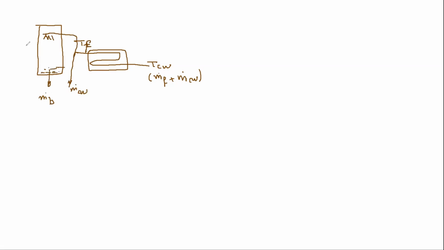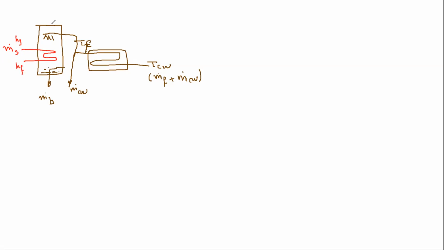And then we have steam coming from the power plant. That steam is coming with a mass flow rate m dot steam, entering with Hg and leaving with HF, saturated vapor in, saturated liquid out. So it has given off its latent heat of vaporization.